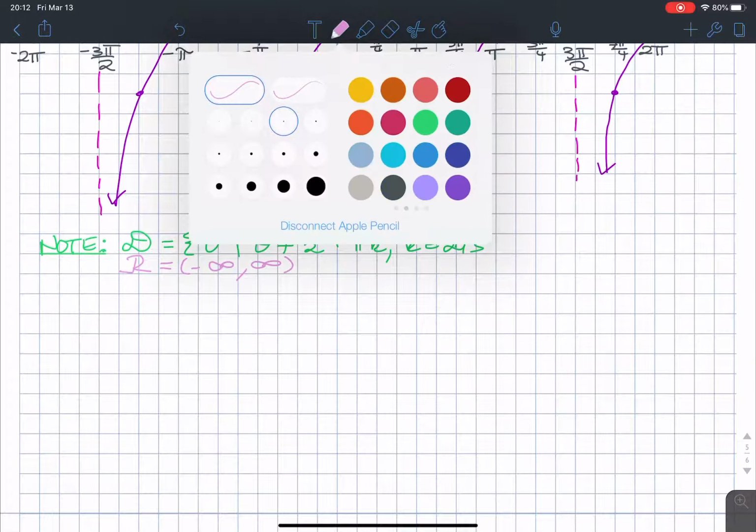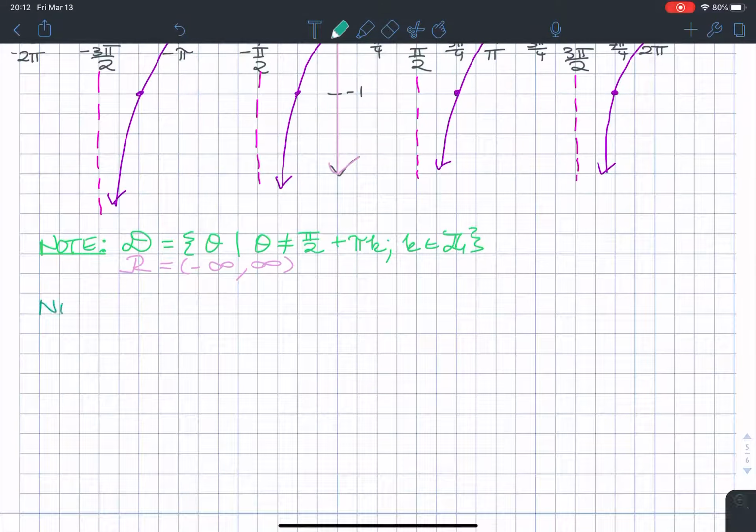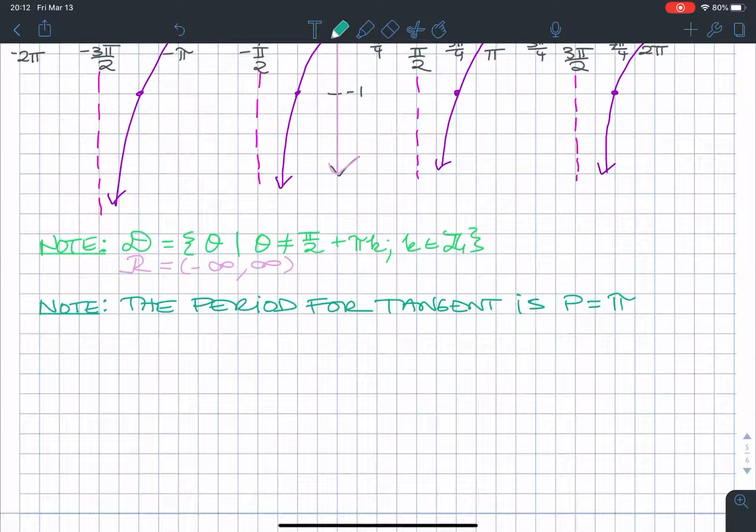So let's note the period for tangent is P equals pi. That is, i.e. id est, that is 2 standard quadrants.